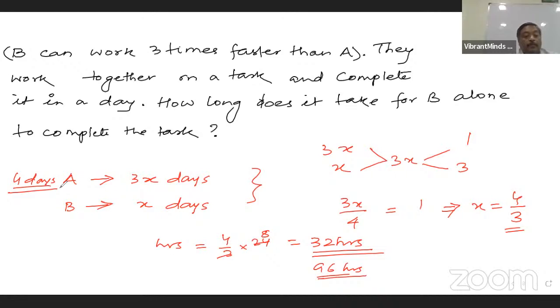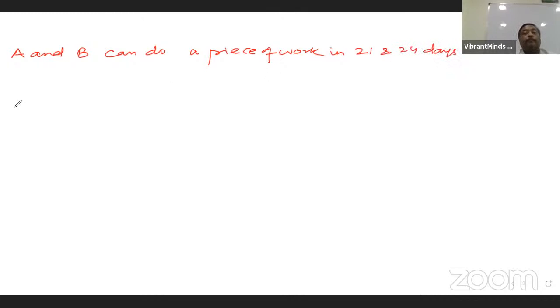Now see. Next question. A and B can do a piece of work in 21 and 24 days, respectively.